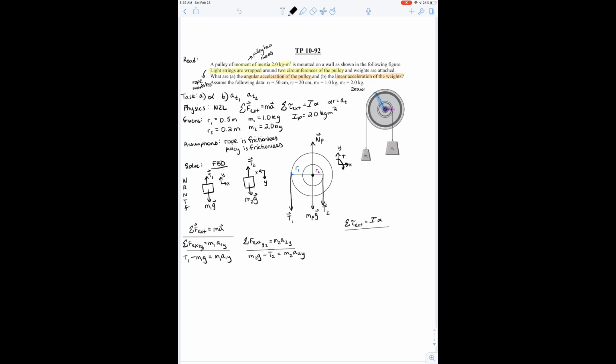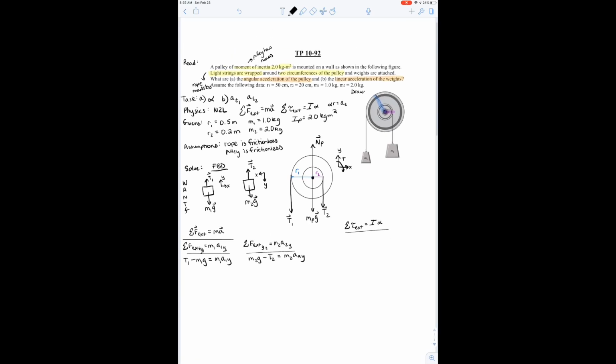And then that brings us now to our torque equation. In the case of torque, I'm looking for those forces that are going to cause the pulley to rotate. So remember, torque is a vector, equal to the position vector cross product with the force vector.